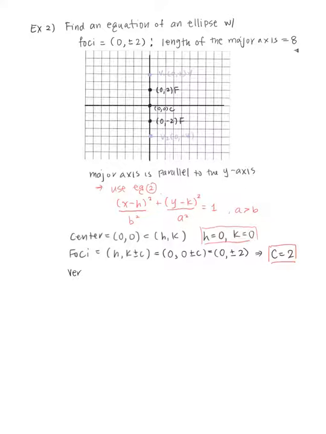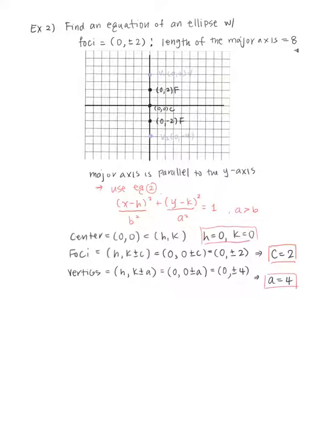Let's go with the vertices. The formula is (h, k ± a). But h is 0, k is 0, so (0, 0 ± a). But we already know that our vertices are going to be at (0, ±4). So that implies that the value of a is 4.